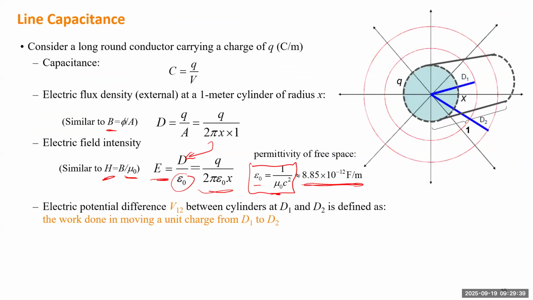Okay, so next we're ready to calculate the capacitance. For the capacitance, first we need to calculate the voltage. Think about two cylindrical shells surrounding this conductor. The first one has radius d1, the second has radius d2.